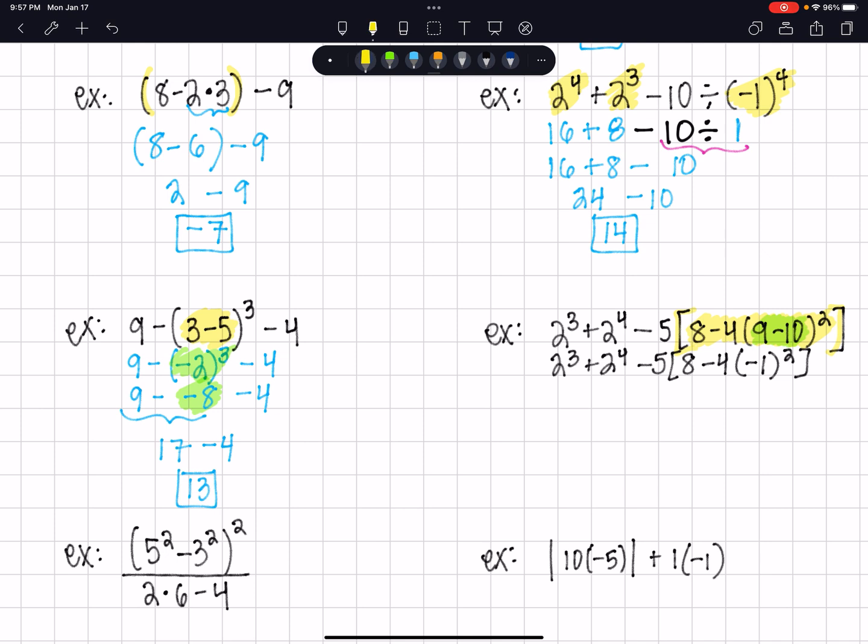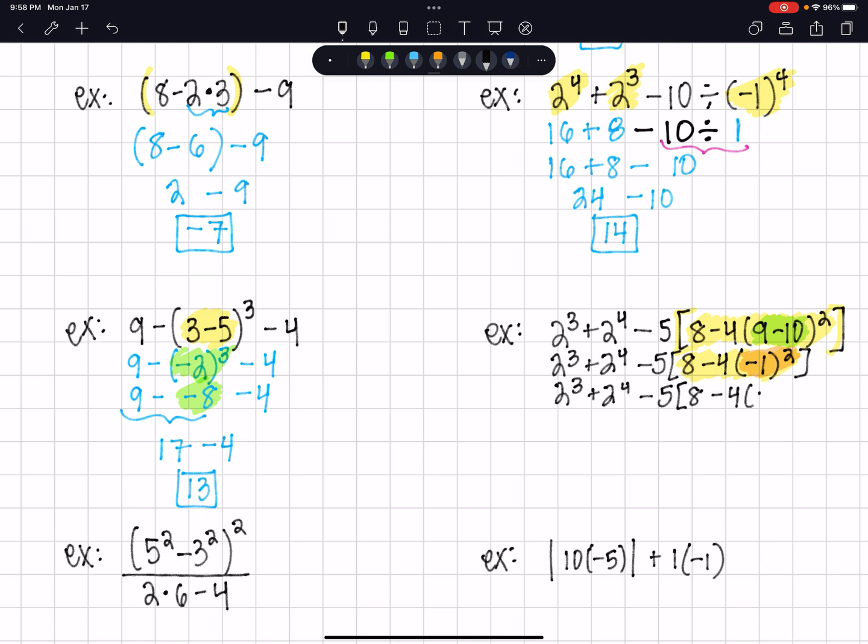Now we can look inside the parentheses here, and we can go to our next step, which would be look for exponents. And we have exponents right here. Negative 1 times itself is positive 1. So we've got 2 cubed plus 2 to the 4th minus 5 times the quantity, 8 minus 4.